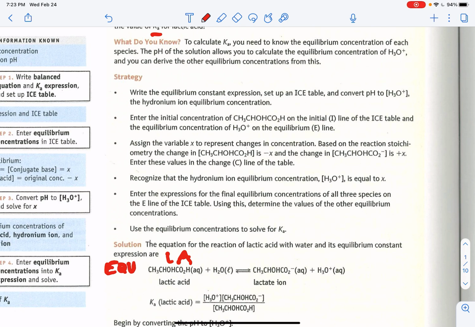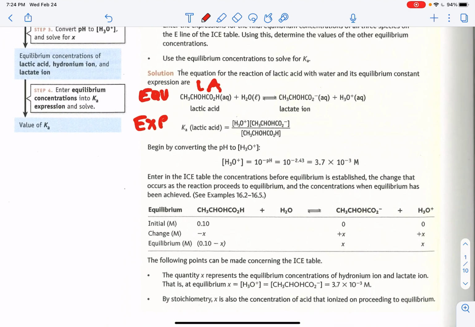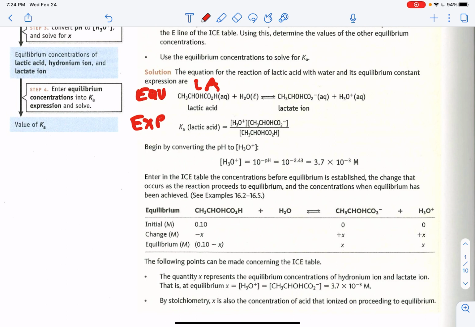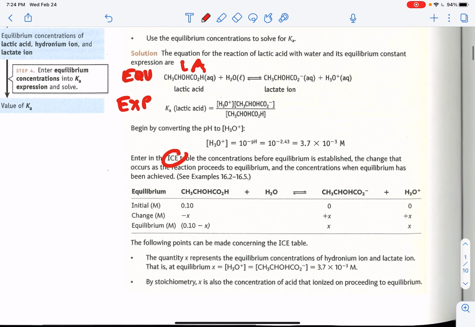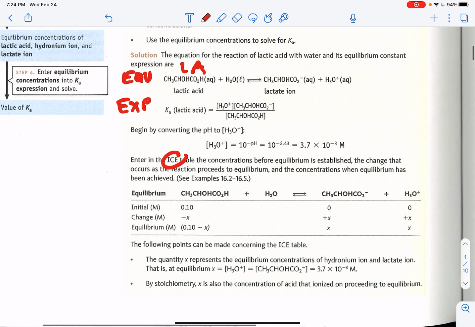The next thing you want to do is write your equilibrium expression. They mention it right here, and here is your expression right there. The third thing that you need to do is to figure out a way to find some numbers to plug into the expression, and that's where the ice chart comes in. Then the last thing you do, which is over on the next page, is to actually plug the numbers in.